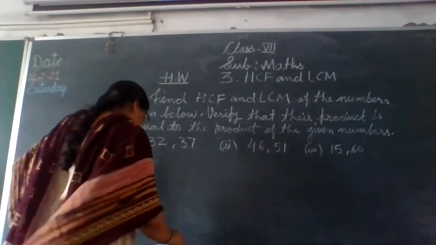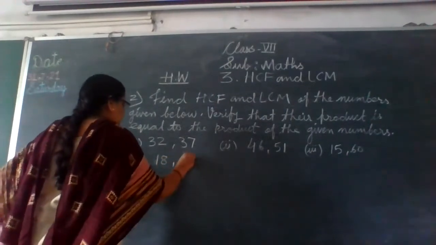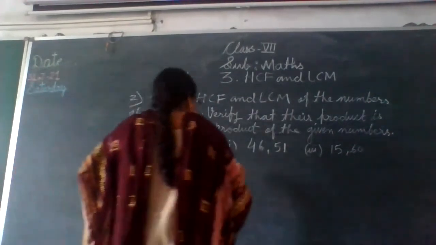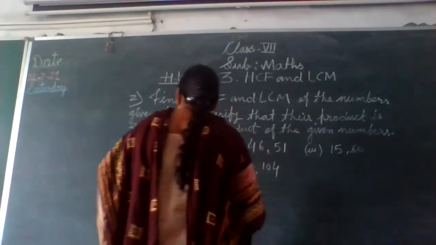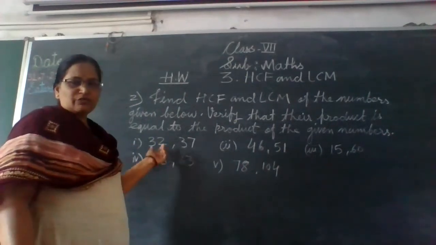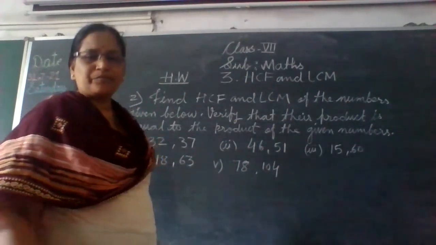Question number 4, 18 and 63. And the fifth one is 78 and 104. Okay, these 5 questions you have to solve. Okay, you have to verify the relationship between the HCF and LCM. Got it, beta?